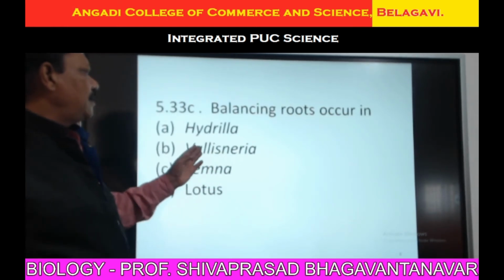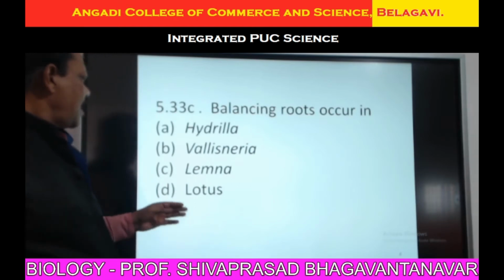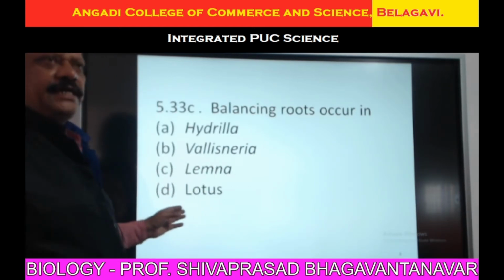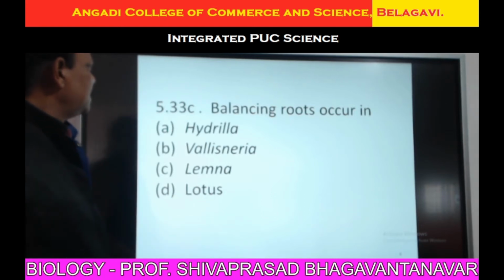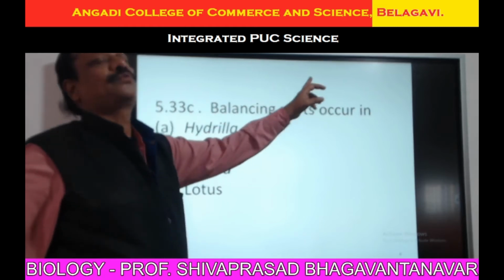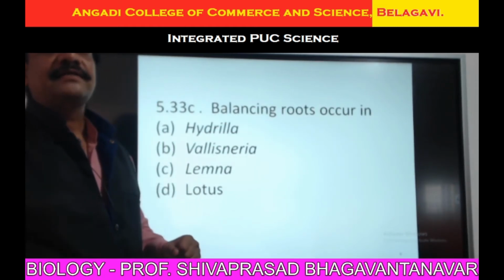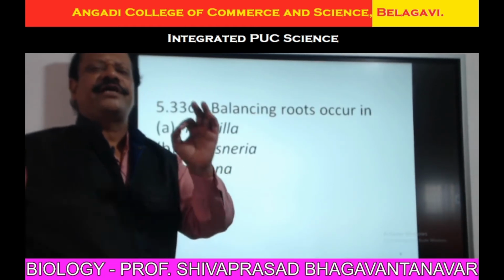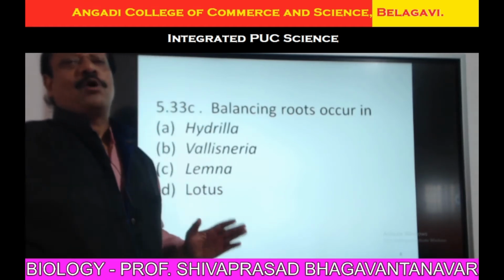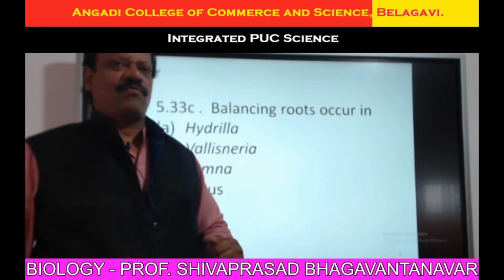Option B, Vallisneria. Option C, Lemna. Option D, lotus. So here, balancing roots are required where the plants are freely floating on the surface of water. To balance its body, the roots are required.